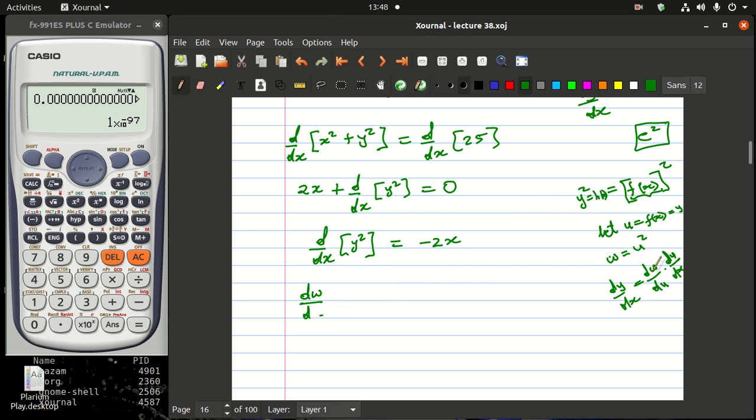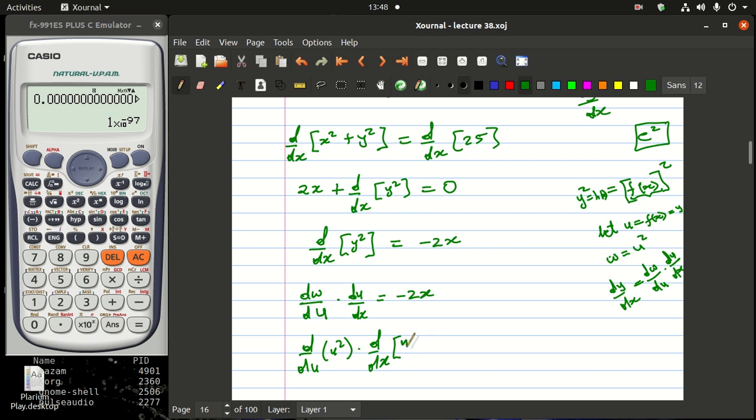So we're going to end up having this with respect to our u, and then we'll multiply this with the derivative of u with respect to x, and then this whole thing here is going to be equal to minus 2x. What is our w here? Our w is u squared, so we'll end up having du of u squared times dx, and then I have my u. What was our u?